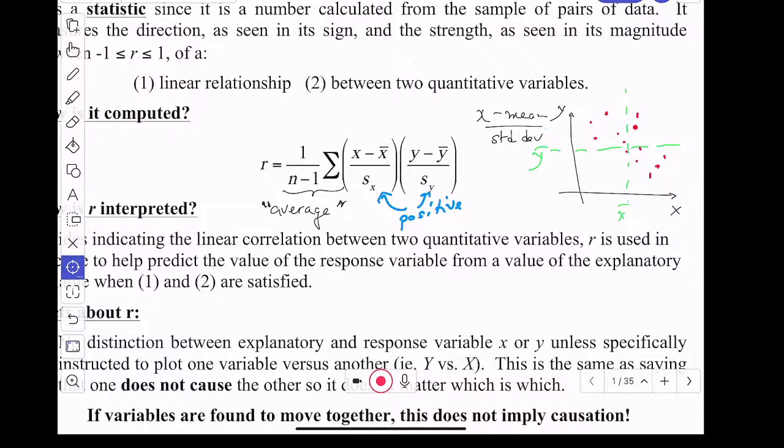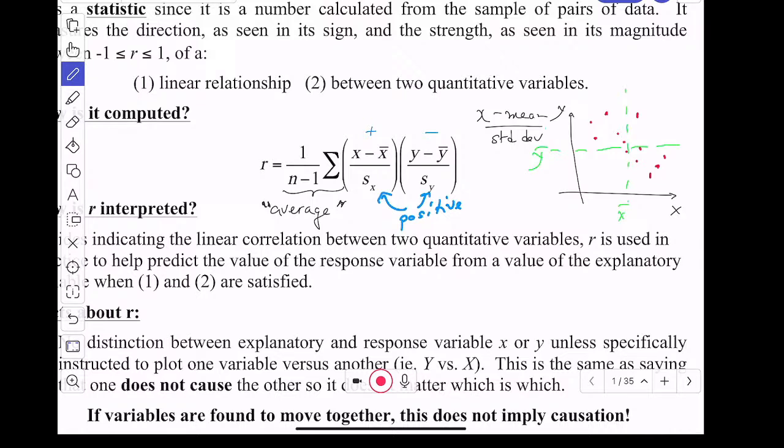You see, when x is high, mostly y is here. So that means that when x is high, this will be positive, but y will be a negative because it'll be below its mean.